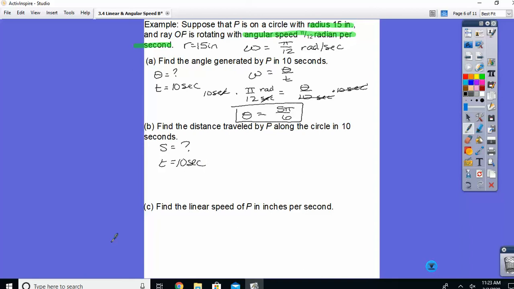Okay. So now I need something involving S. Okay, I can do V equals S over T. Do I have all that information? No, I don't have my V. I have S equals R theta. Do I have that information? Yeah, we do.